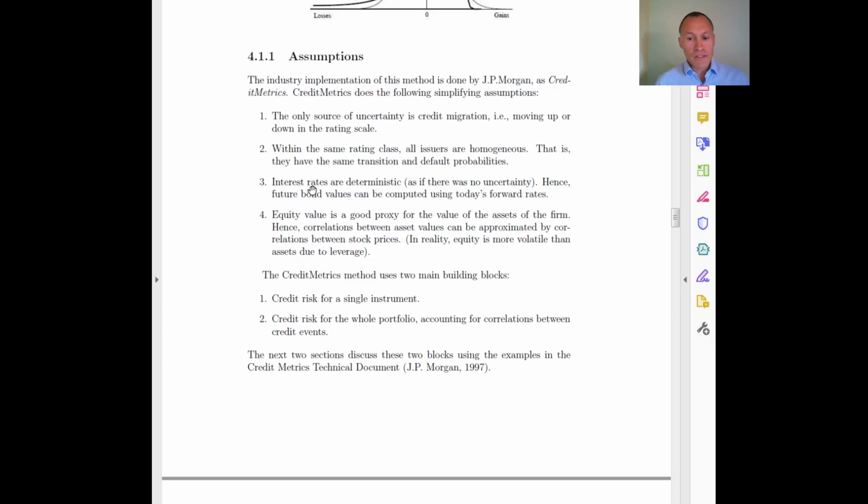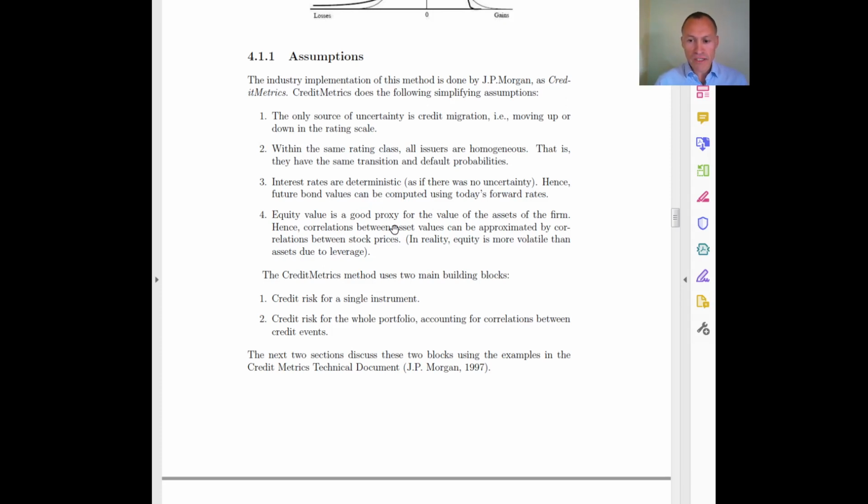The third assumption is a simplifying assumption, just because we cannot handle everything at the same time. We are just going to assume that interest rates are deterministic, so there is no uncertainty. What this helps us with is that we are going to compute bond values at future dates just using the forward rates that we can observe in the markets today.